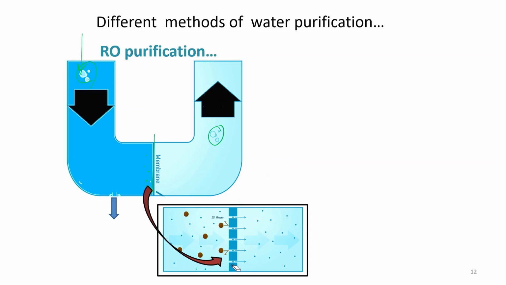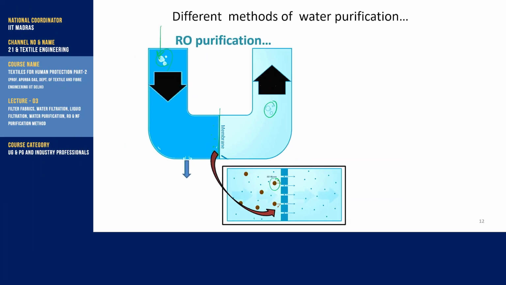And you can see here, the large particle will return after striking the membrane wall. Even when it is coming in front of the pore, it will be pushed out.